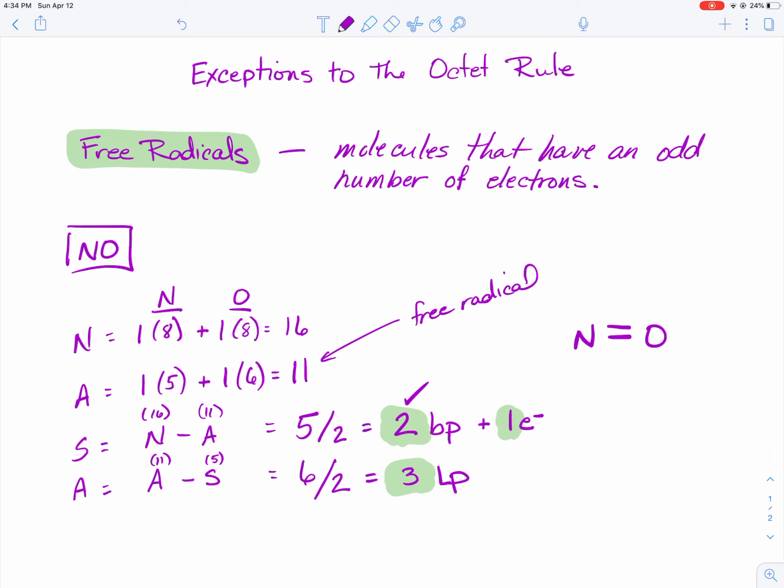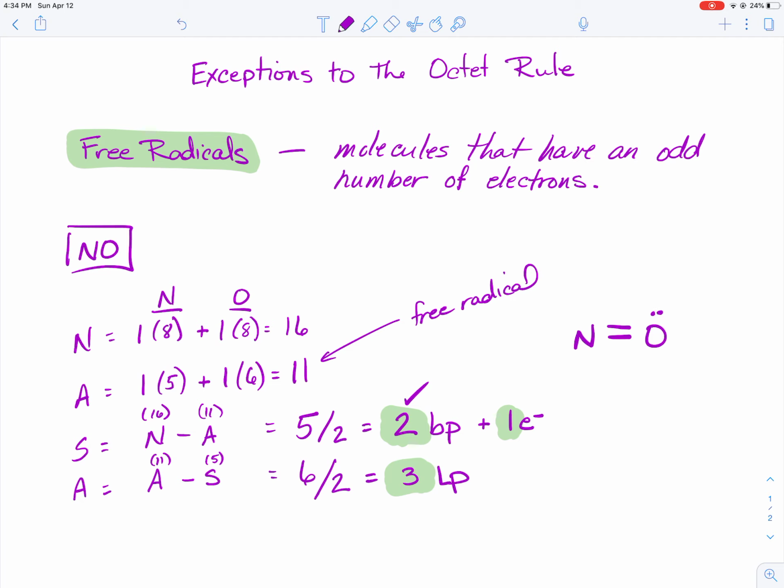So what you're going to do at this point with free radicals is try to add the lone pairs to the atoms that have a higher electronegativity value first, since we don't really have a center atom either. It turns out that oxygen has a 3.5 value of electronegativity. Nitrogen's is lower. And so we're going to put our lone pairs and fill the octet with oxygen first.